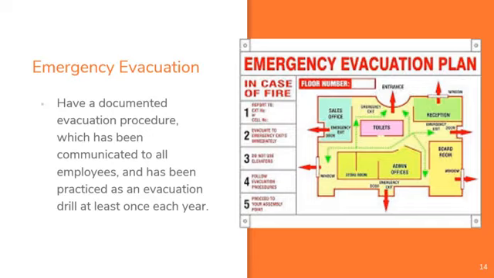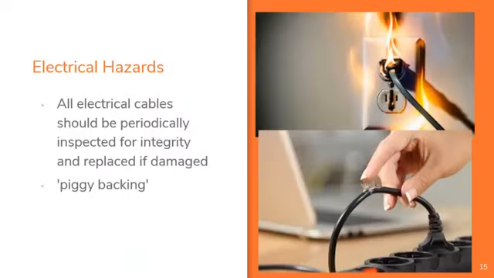Okay, next to this would be the electrical hazards. So all electrical cables should be periodically inspected for integrity and replacement, especially if they are damaged. So you have to look at the wires of those electrical gadgets that you're using at home or in the offices, because they can cause electrical hazards there.